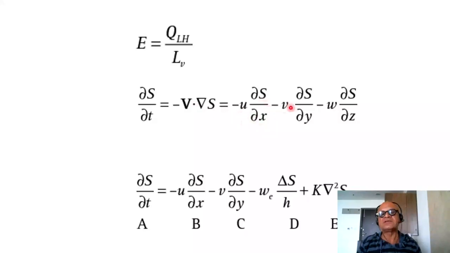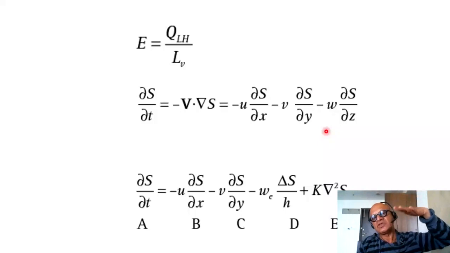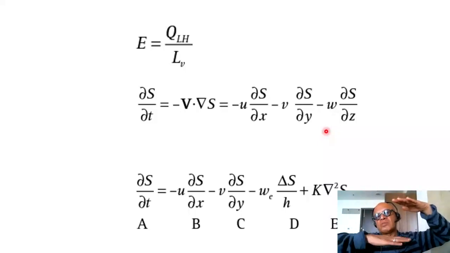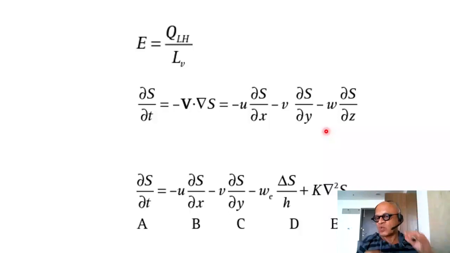So U ∂S/∂x, V ∂S/∂y, and W ∂S/∂z. Again, we have to be careful with W because you have exchanges at the surface in terms of freshwater, which is different than temperature, and we need to worry about entrainment at the bottom of the mixed layer like we did for temperature as well. So this has to be done very carefully.